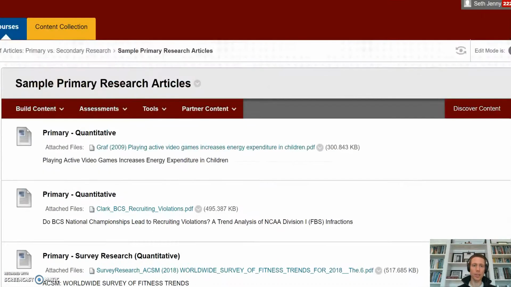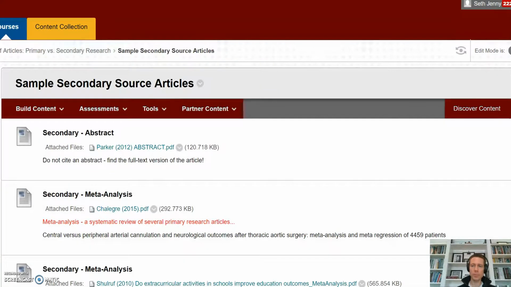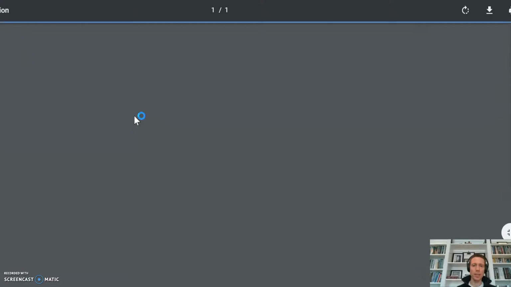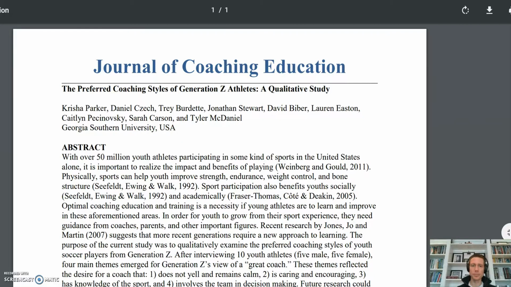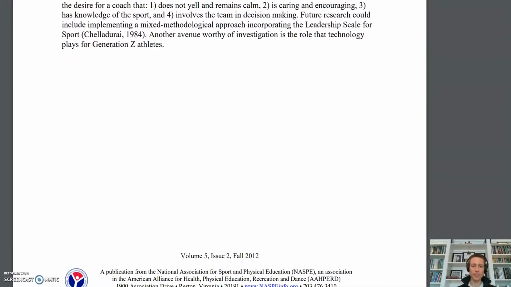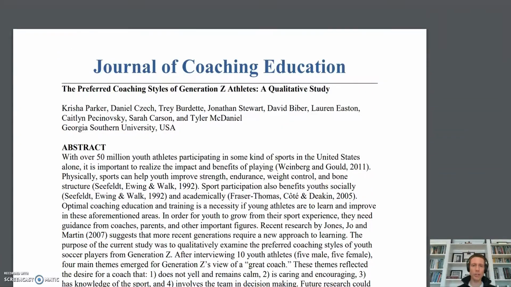All right, so now we've talked about primary. Let's get into secondary. So, common mistake, an abstract. We showed this before, but this is all that was available. I did it, you do a search, you find an abstract.